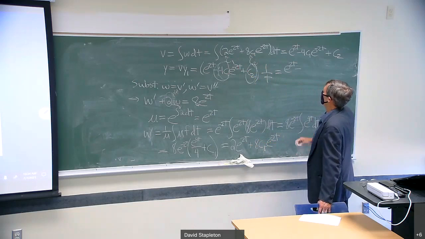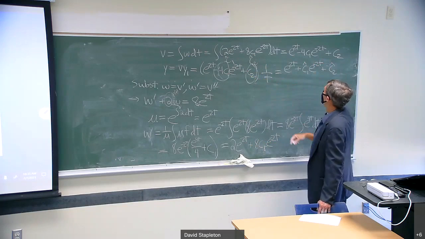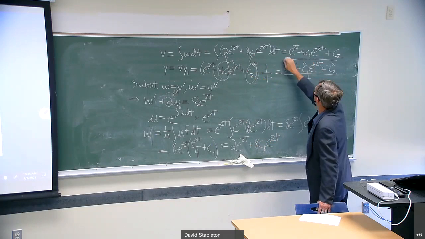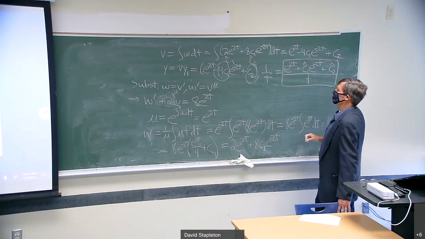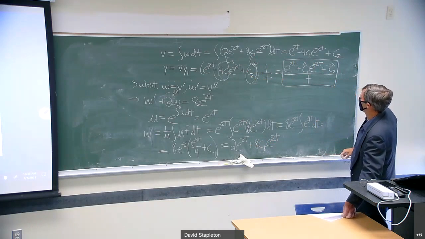So we'll call this plus c1 hat e to the minus 2t, plus c2 hat, all over t. So there's the general solution of that differential equation. Hopefully that looks like the answer.